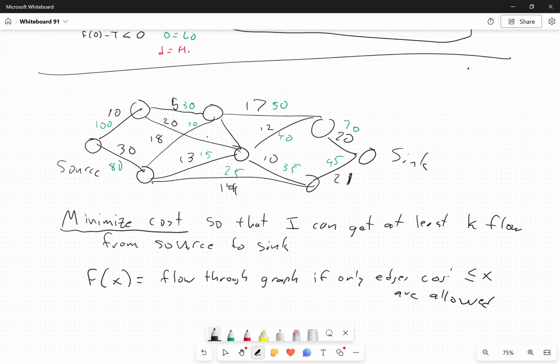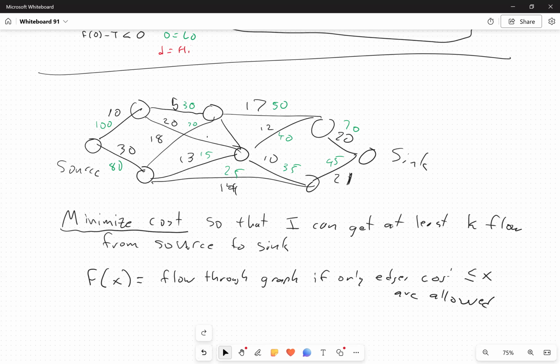Okay, so for instance, in the graph up here, if I set x to 90, well, this top one up here would not work, but that one there would work, and you would be able to keep it and so on. Okay, so you have some function that's the flow through the graph. And so you want to find the points where the flow is not enough.